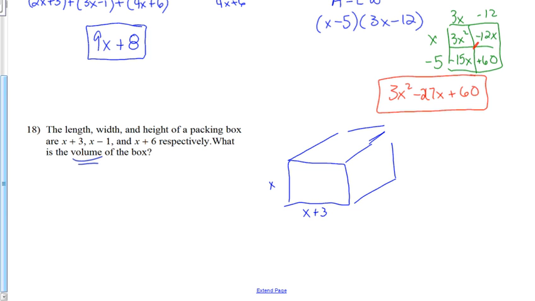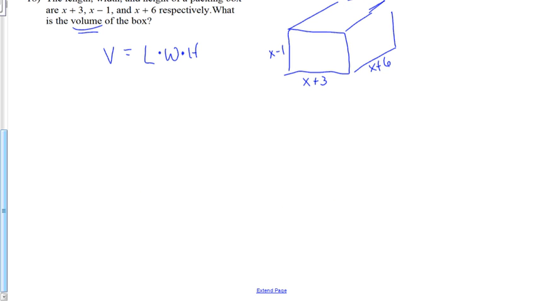In this case, x plus 6, the volume is length times the width times the height, or depth, or however you want to say it. So what we need to do is multiply length times width first, and then times the height or the depth, and we have that. Again, multiply means area model.